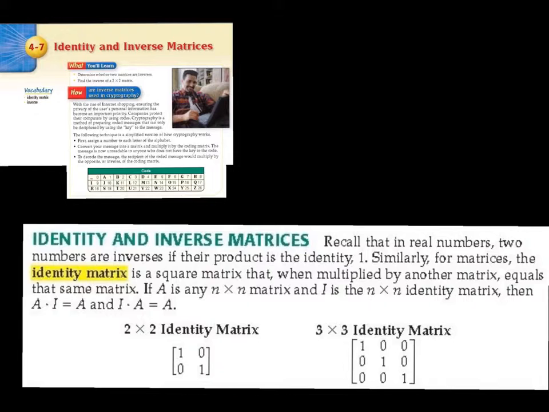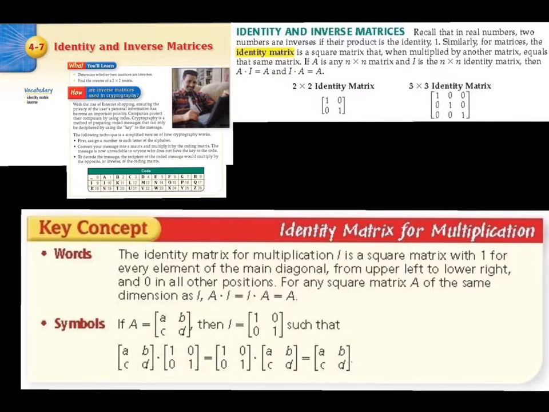The identity matrix for a 3x3 is a 3x3 that has 1s going in a diagonal from left to right as well, and 0s everywhere else. The identity matrix for multiplication, I, is a square matrix with 1 for every element in the main diagonal from the upper left to the lower right and 0 in all other positions.